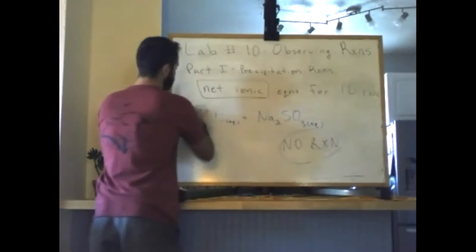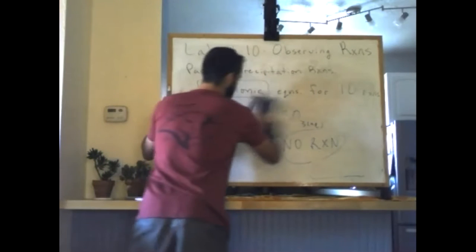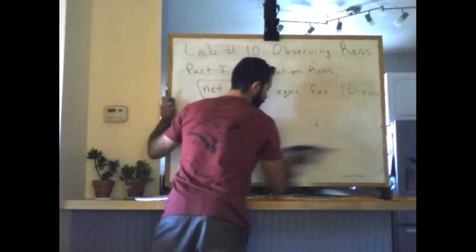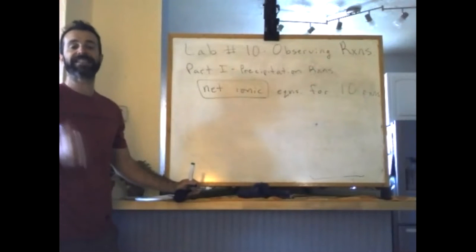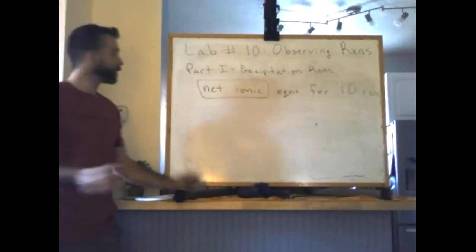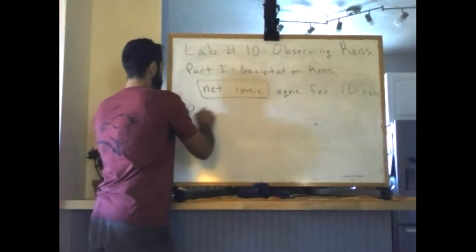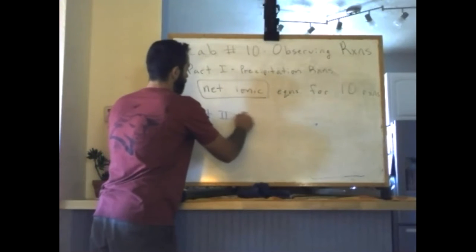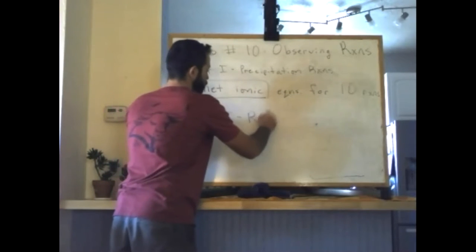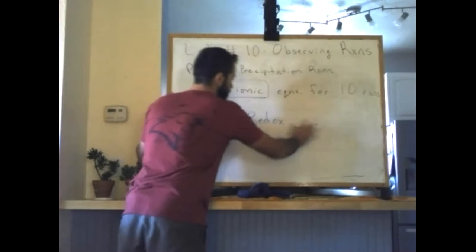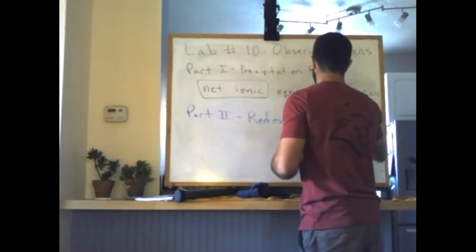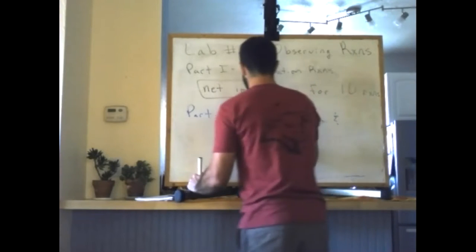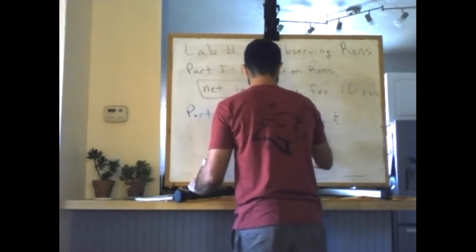Part 2 of this lab, again, you are simply observing chemical reactions and writing balanced net ionic equations. For part 2, we're going to look at some oxidation reduction reactions. And we're going to look at some acid-base reactions.